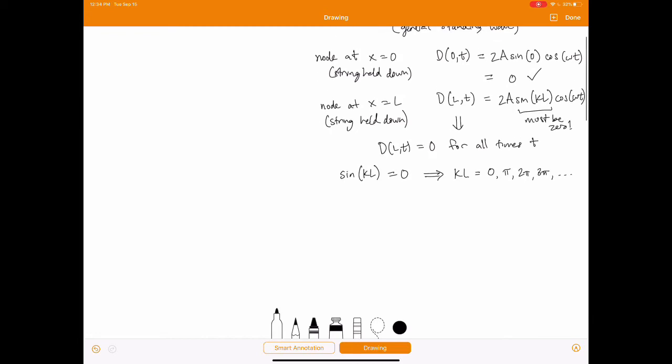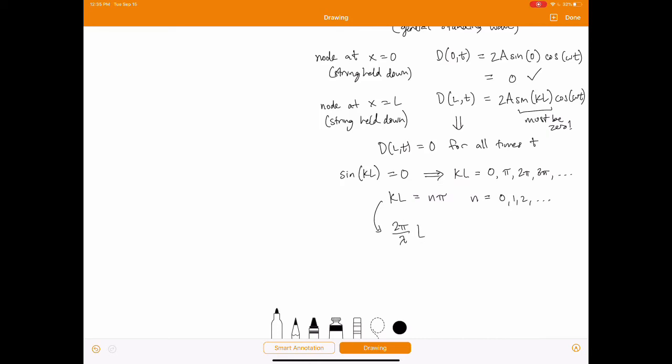In order for us to have a node at x equals L, we need k times L to be equal to n times pi, where n is just some integer. It could be 0, 1, 2, any integer at all. And of course, k is equal to 2 pi divided by lambda.